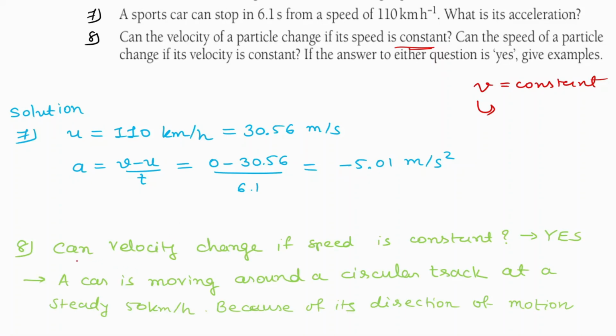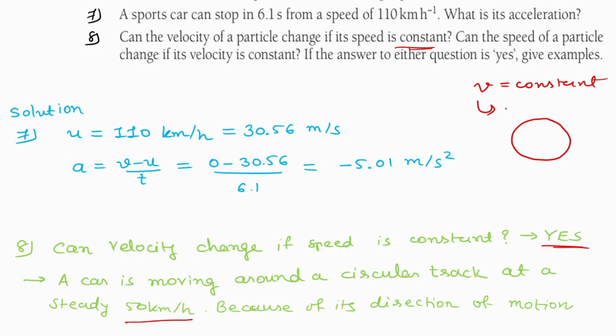For the first question, can velocity change if speed is constant? Yes. Why? Because let's suppose a car is moving around a circle. The car is going like this, at a speed of 50 km per hour. Because its direction of motion is constantly changing, at some time the car is over here and the direction of its velocity is in this direction.